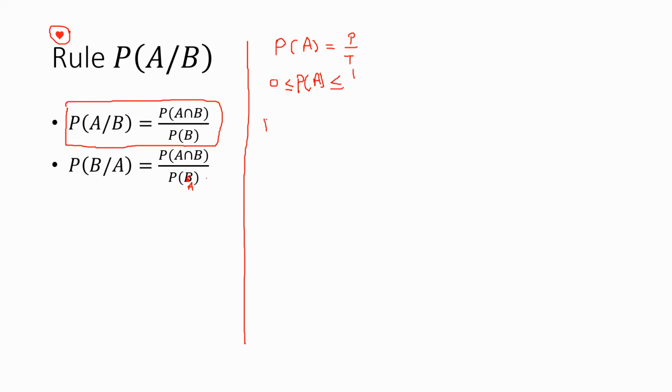Probability of A bar equals 1 minus probability of A. Probability of A, we can write it as probability of A intersection B plus probability of A intersection B bar.